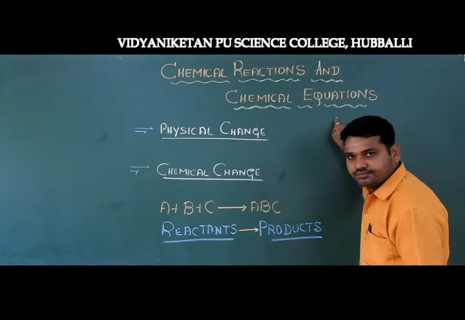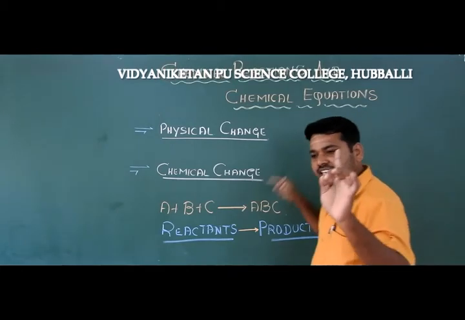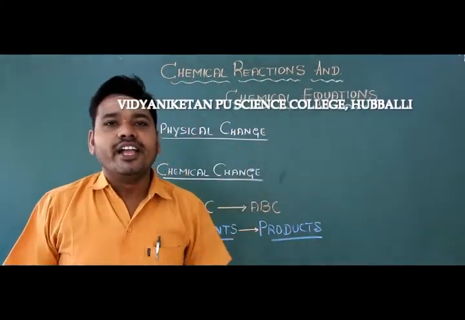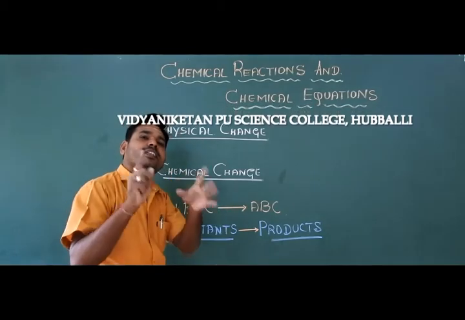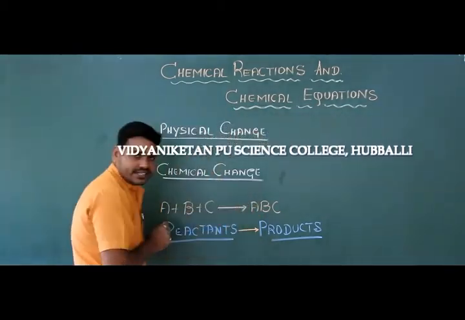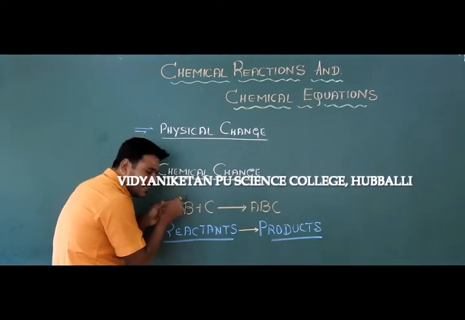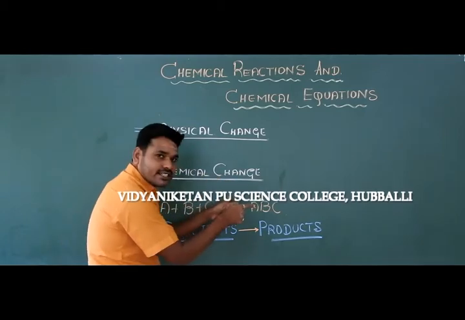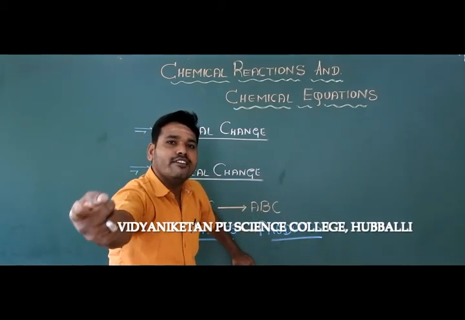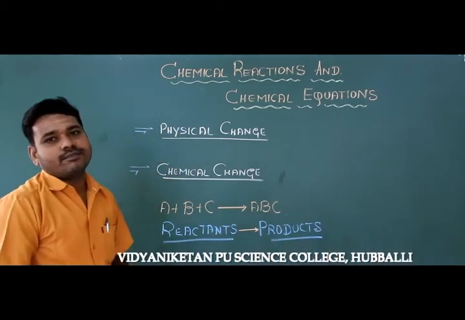What is meant by chemical equations, students? A chemical equation is a short scientific method of representing the reactants and products with the help of their symbols or chemical formulae. That is said to be a chemical equation, students.